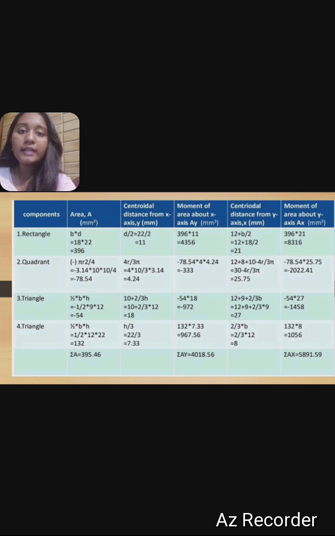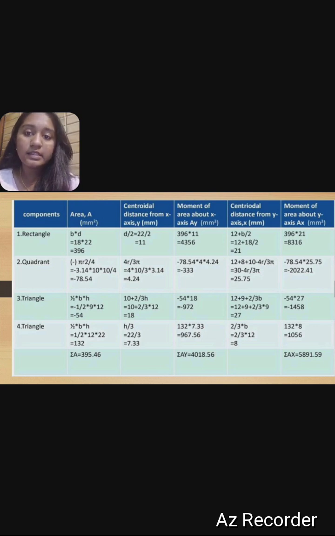Now to calculate the moment of area about the x-axis, we should multiply A and y. For the rectangle it is 396 into 11, that gives you 4356. For the quadrant it is minus 78.54 into 4.24, that gives you minus 333. For the next triangle, it is minus 54 into 18, that gives you minus 972.